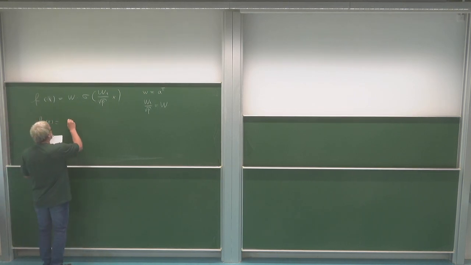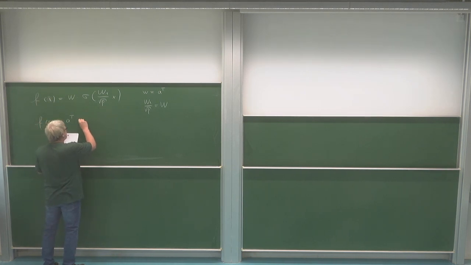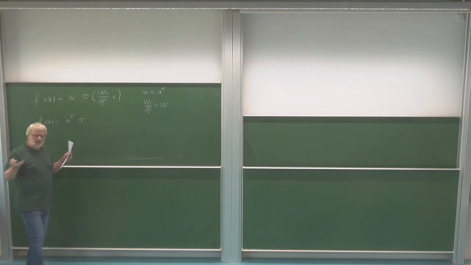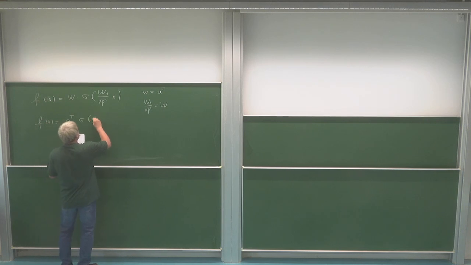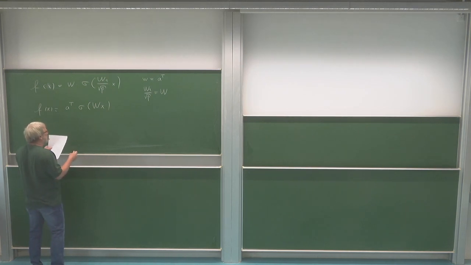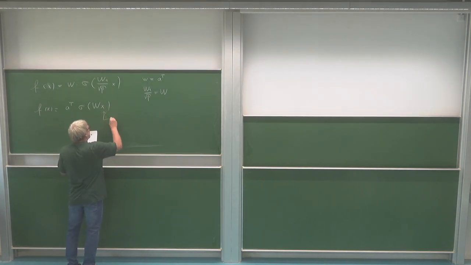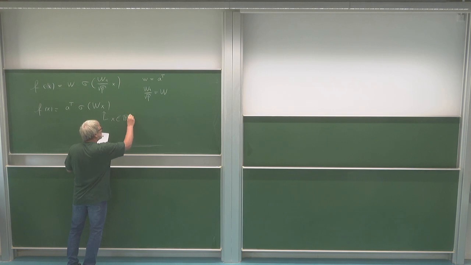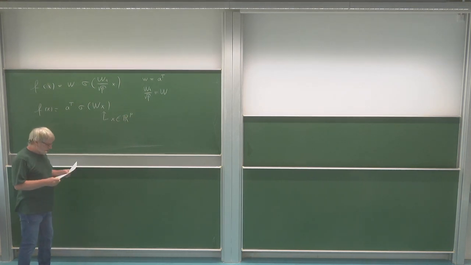It's the same thing, but I'm writing it as A transpose multiplied with sigma of Wx, where sigma is my given nonlinearity. Now the dimensions: x is our data vector, which is usually p-dimensional.